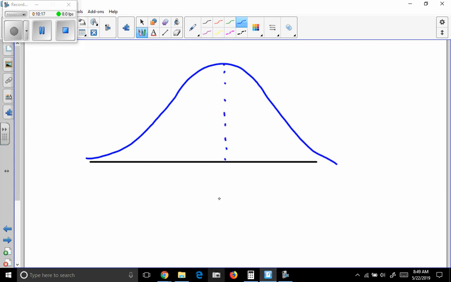Here's our mean, which is 0. If we go from negative z to positive z, we want the z's to be the same number. The only difference is this one over here is going to be positive, and this one is going to be the same number but negative.